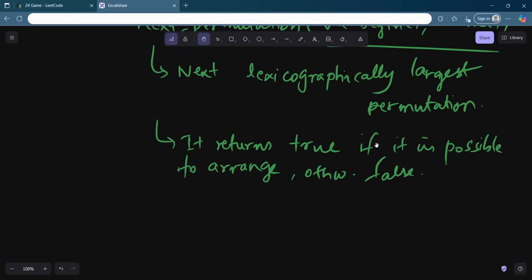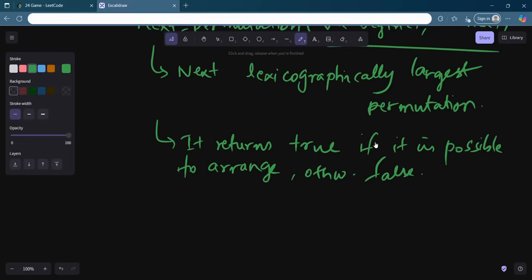Let's say you have an array like 9 6 2 1. In this case it is already the lexicographically largest. There exists no permutation which is next lexicographically largest. So this is the case where it will stop.